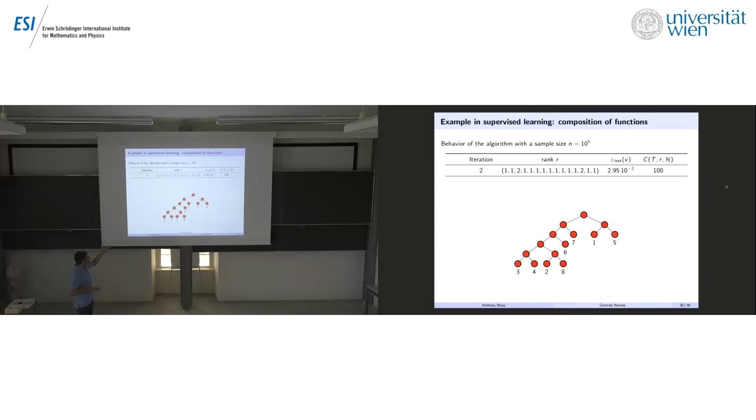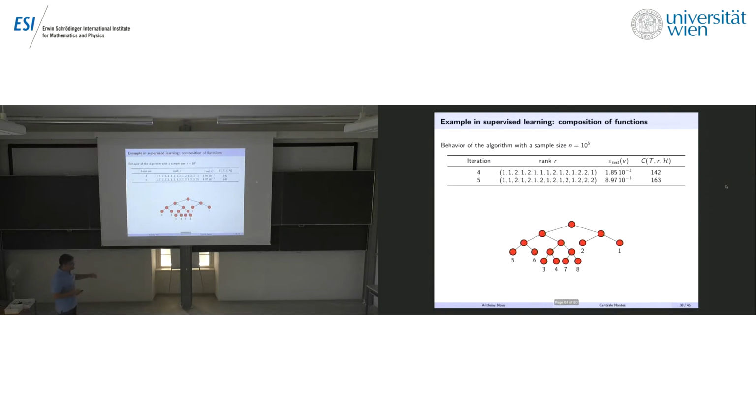And then it enriches the rank and decides to change the tree because this tree gives a lower representation complexity of the current approximation. You decrease the error a little bit, not too much. But along the iterations, the algorithm will enrich the rank, change the tree, compress, enrich the rank, and so on and so on.